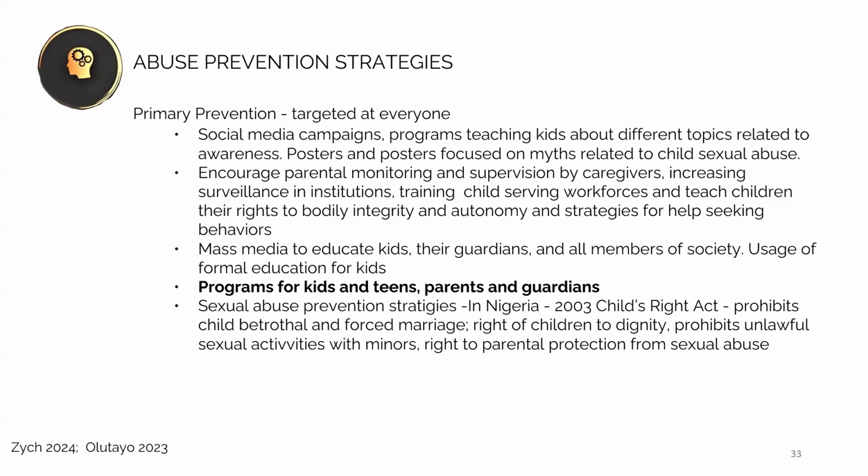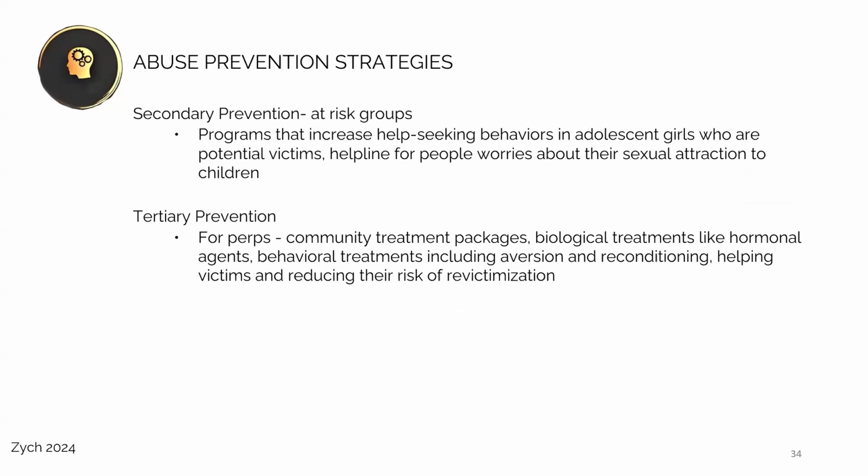This prohibited child betrothal and forced marriage, gave children the right to dignity, prohibited unlawful sexual activities with minors, and gave the parents the right to parental protection from sexual abuse. So nations had to very specifically call out this risk of child sexual abuse.